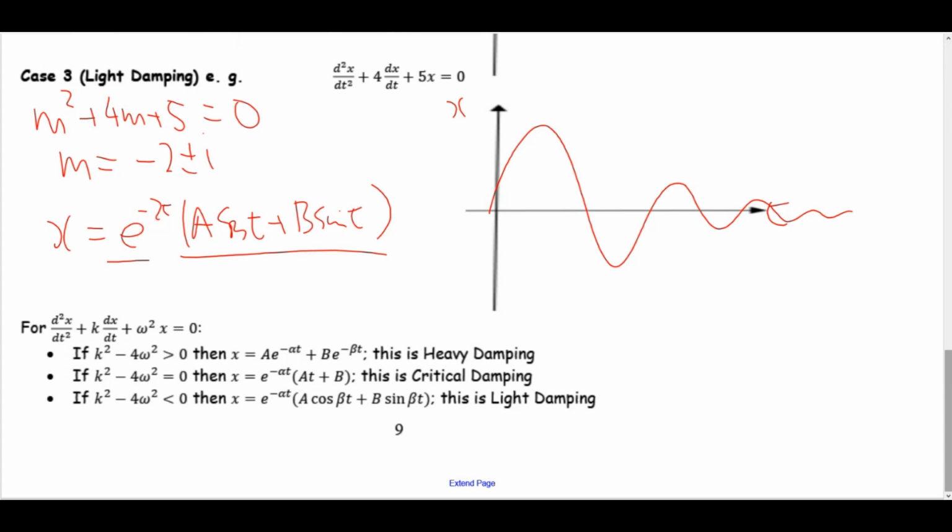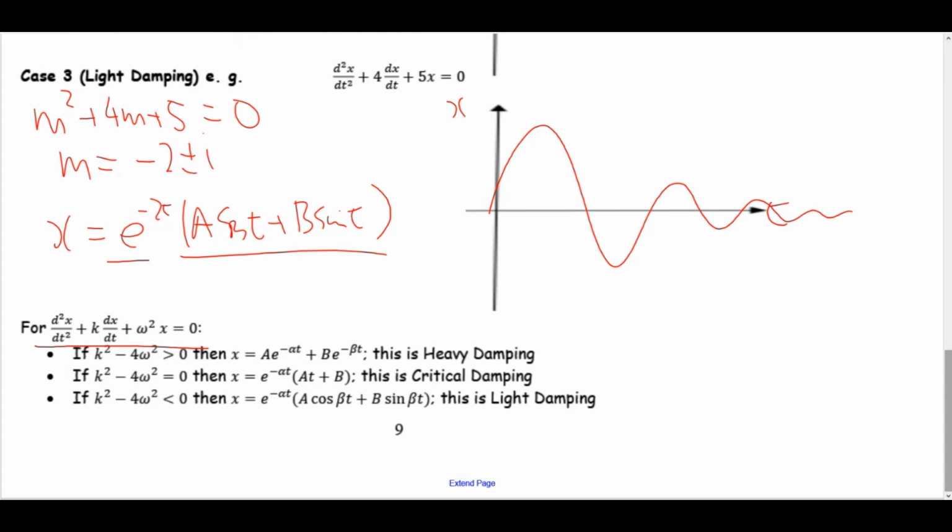Now, in general, if you are solving a differential equation of this type, one of these three kinds of situations will occur. And it depends upon whether the quadratic has real or complex roots, which depends upon its discriminant.